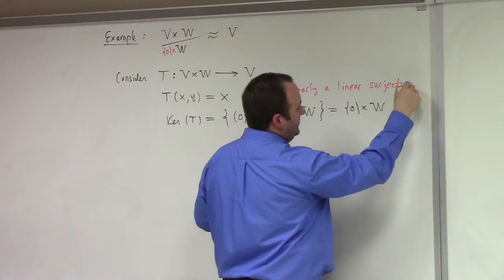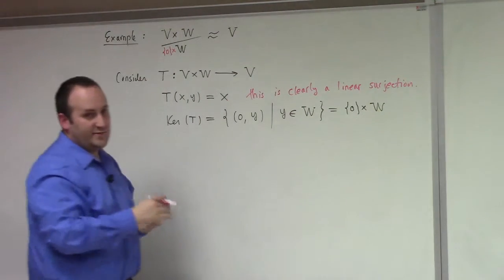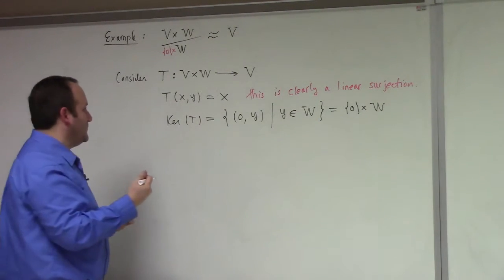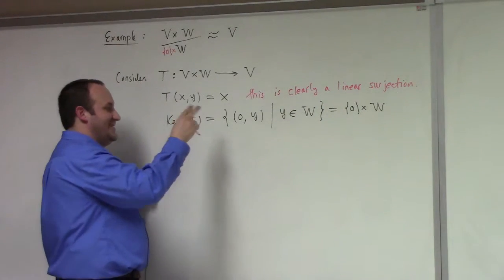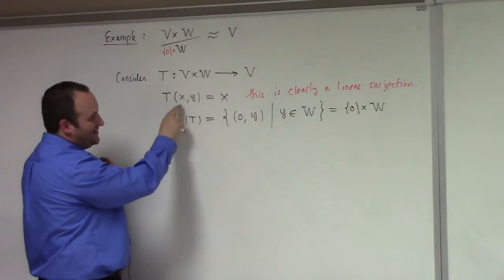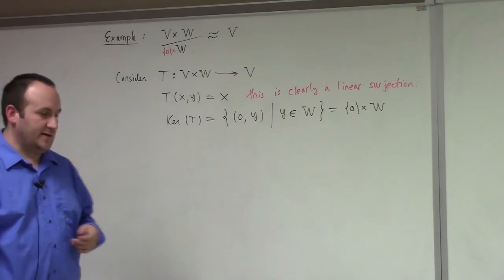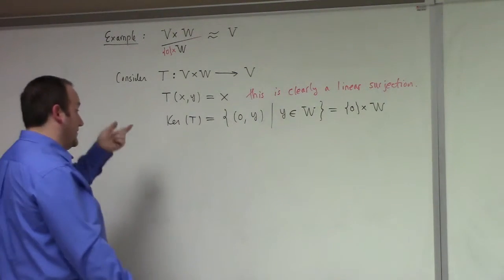It's onto. You pick a point in V. Pick any point you like. 7. If x is an element in V, then (x, 0) maps to x. Right, there you go. Anything in V we can easily cover. So it's a linear surjection.